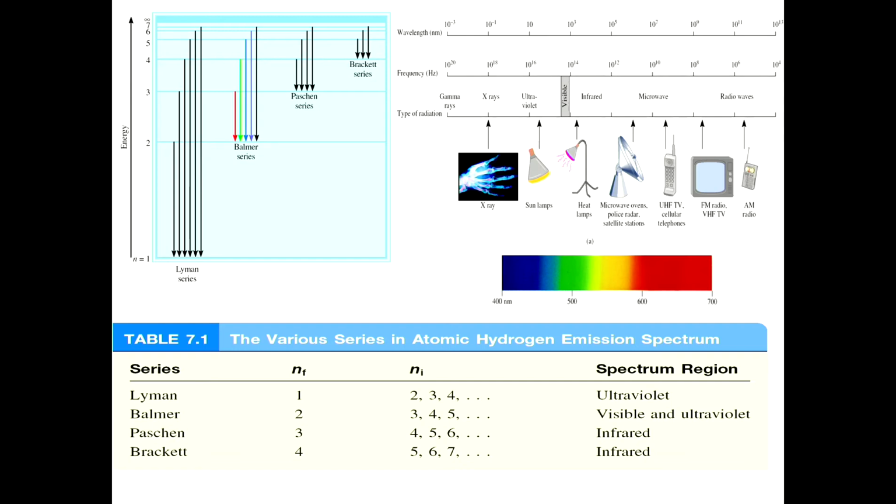This light we call the Lyman series light. For this light, we call it the Balmer series light. And this we call the Paschen series. This one the Brackett series.